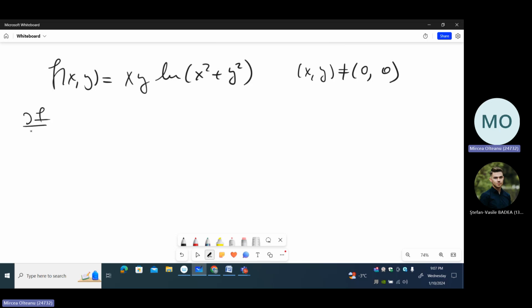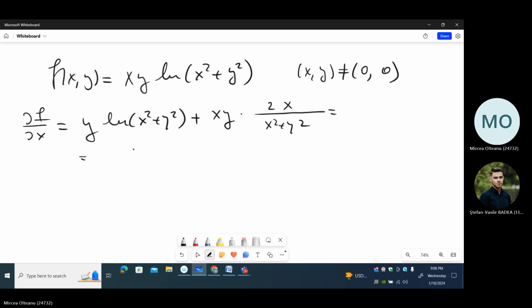So we can first compute the partial derivatives. We have a product here. Plus xy times 2x over x squared plus y squared.